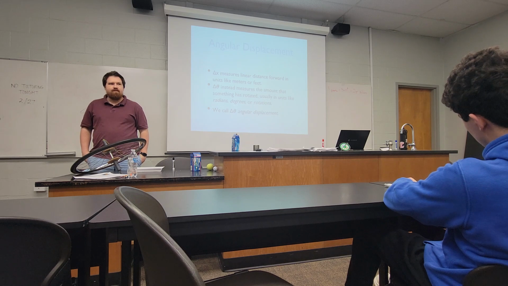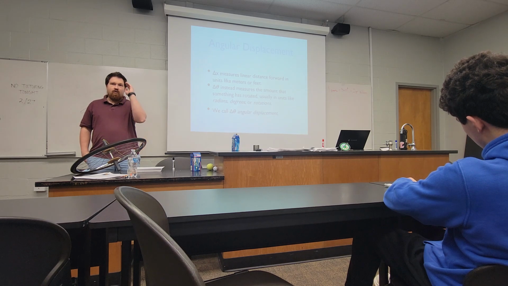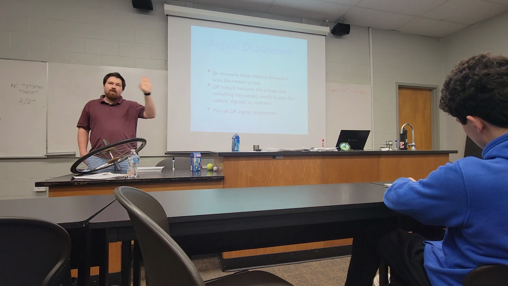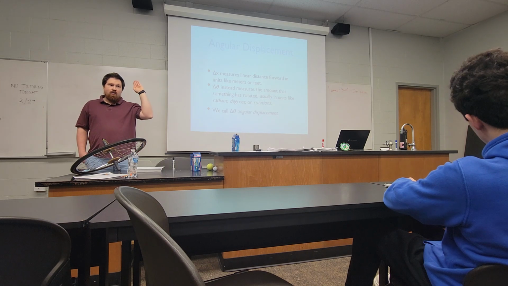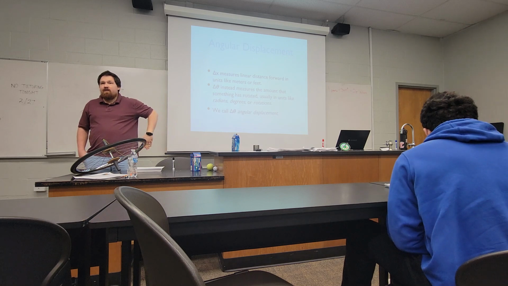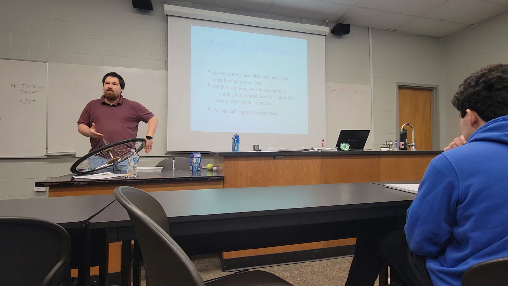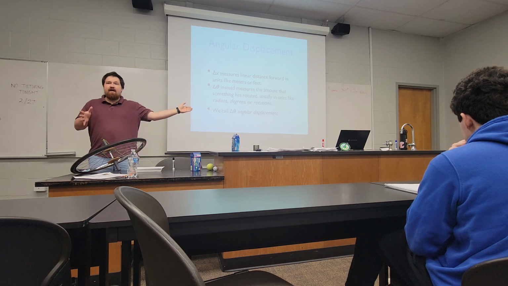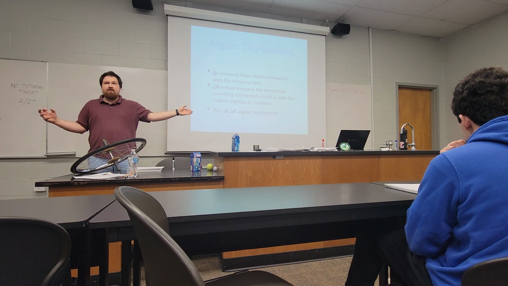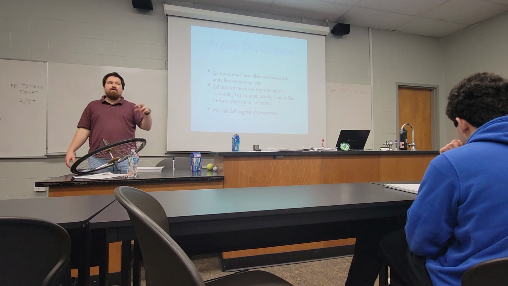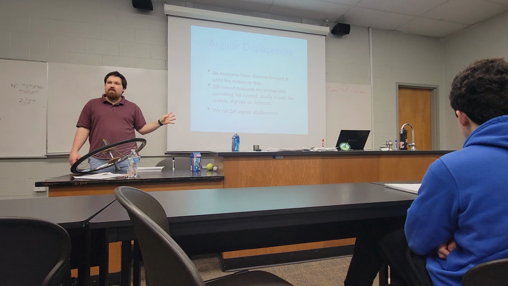So 1 full rotation is 360 degrees or 2 pi radians. 1/2 rotation is 180 degrees or pi radians. 1/4 rotation is 90 degrees or pi over 2 radians. So radians is the unit and the 2 pi is the number.